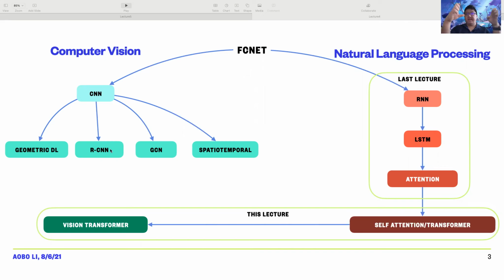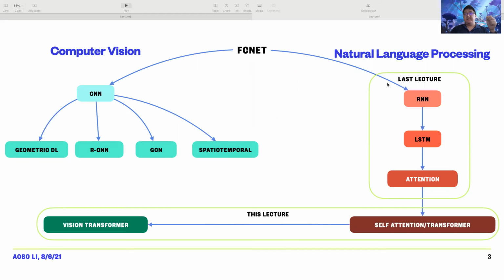To extract the location of an object, we use regional CNN. To deal with graph data, we use a graph convolutional neural network, and to deal with video, we use spatial-temporal models. So you see the structure of the computer vision algorithms is kind of scattered.